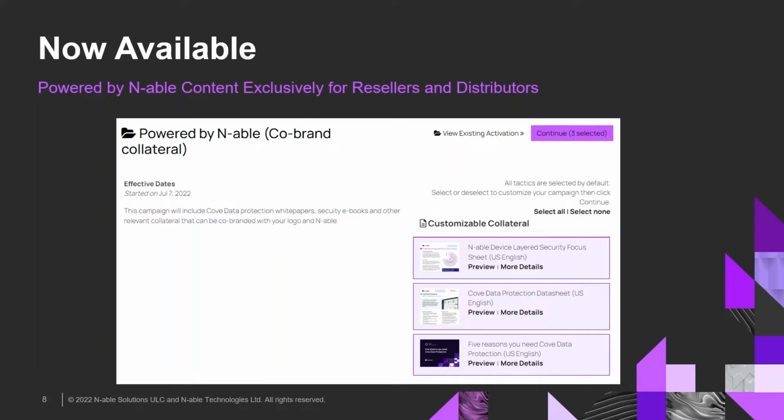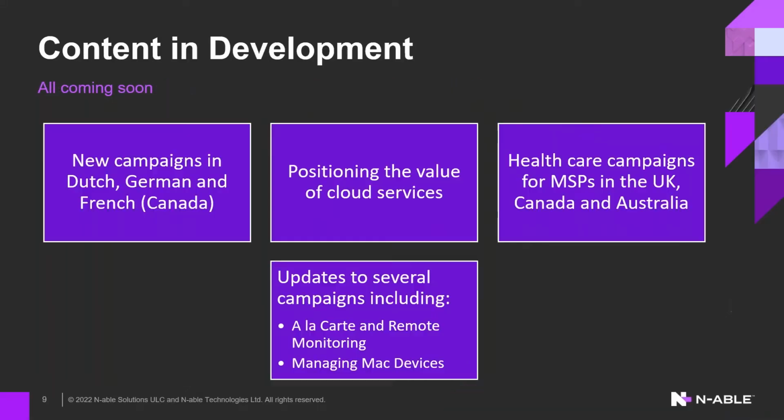Again, we're just giving you what you need and the content that you're looking for. These are very specific pieces of content, as you can see here. There's a focus sheet on layered security, and there's two pieces of content for Cove data protection. These are co-branded, meaning they carry the Enable logo as well as your own.